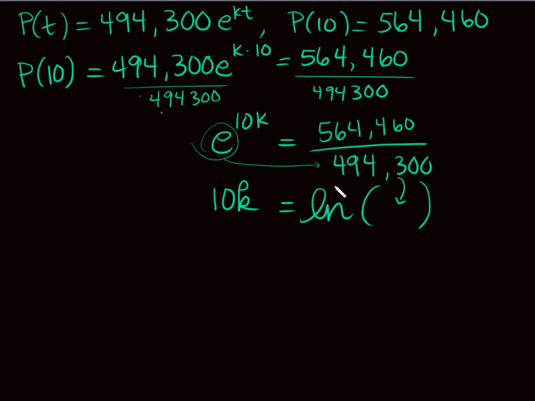I'm just going to put that fraction into my calculator and hit the natural log of it. You get about 0.1327, and then I'm going to divide by 10. When I divide by 10, I just move the decimal to the left one. What do we get k to be?